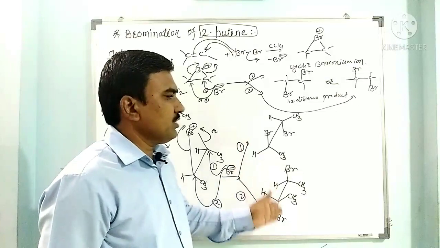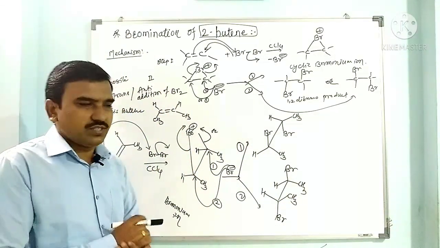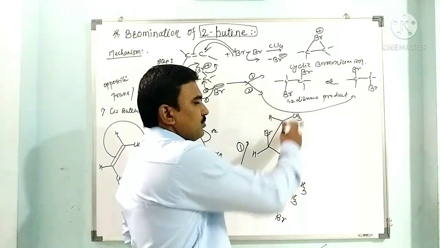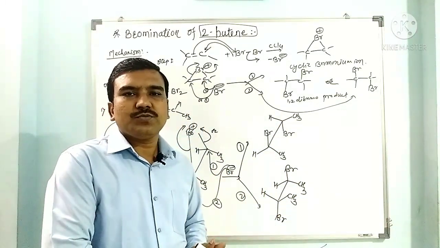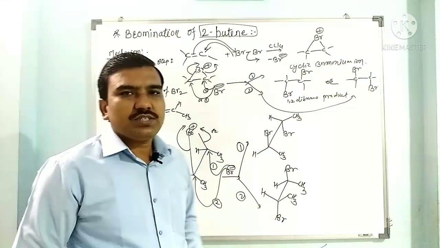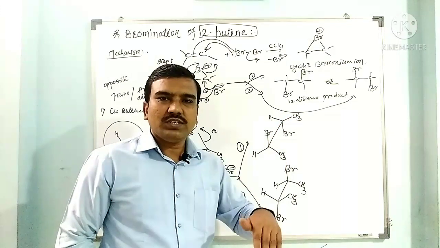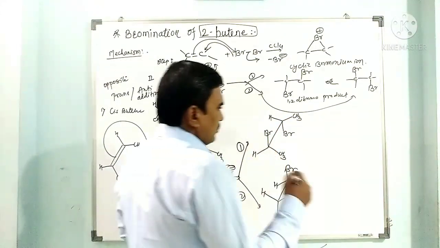Now we have to convert it into a Fischer projection. To convert this into a Fischer projection, both the methyls should be on the rear side, because we have to place these methyl groups on the top vertical and down vertical positions. In the Fischer projection, the top vertical group and down vertical group should be on the down side, on the rear side.